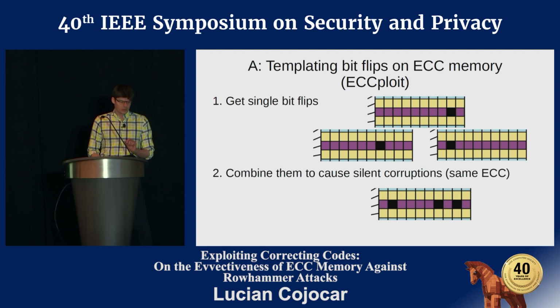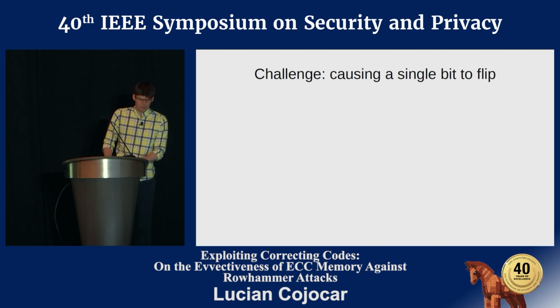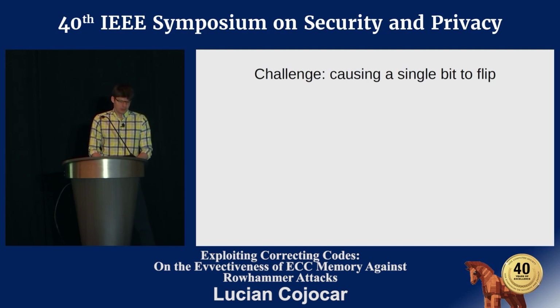Now, let's look at some challenges. I'll talk about getting these single bitflips. We want to cause exactly a single bitflip. If we caused 2, then the machine would crash, and of course the exploit would be detected.